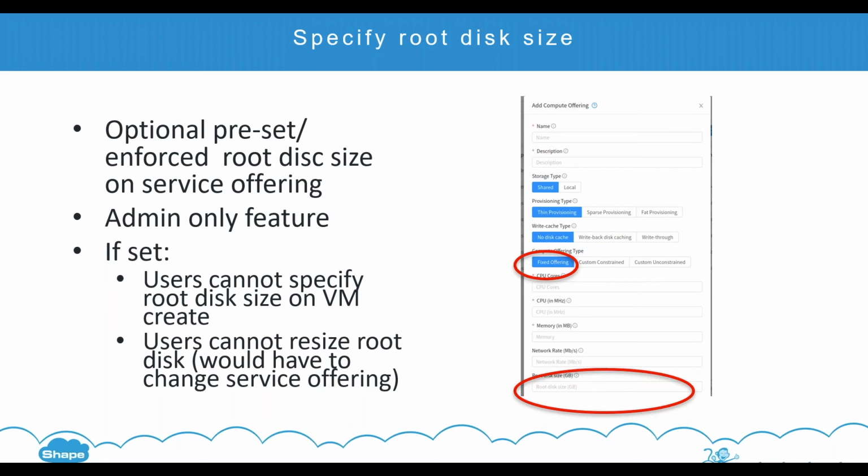Obviously, a lot of people will still want the user to be able to do it, in which case you can just leave it set in that direction. But when you create the compute offering, you can now specify a fixed offering with a fixed root disk size. And the only way that a user would be able to change the size of their root disk would be to move it to a different service offering.